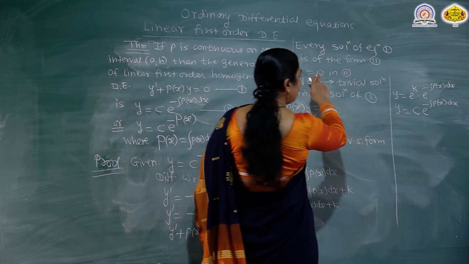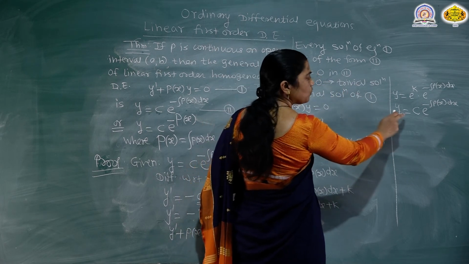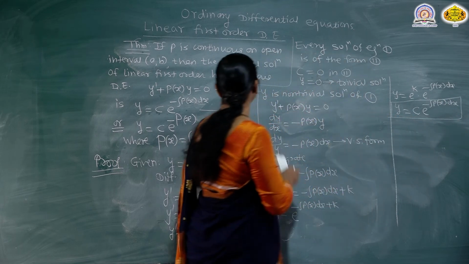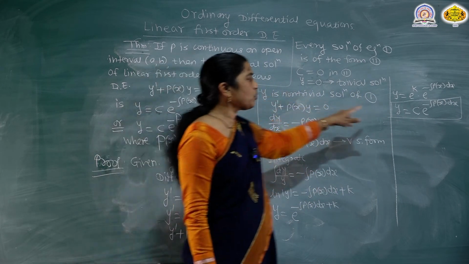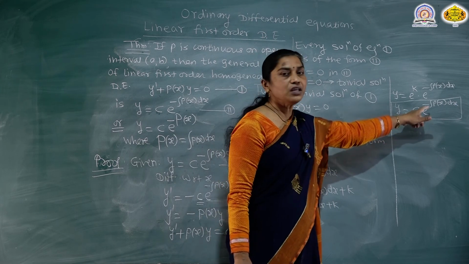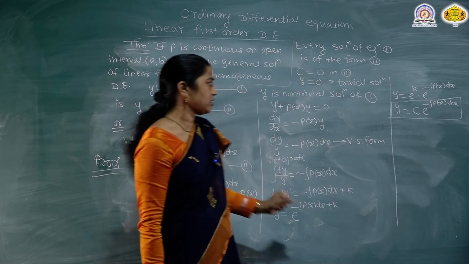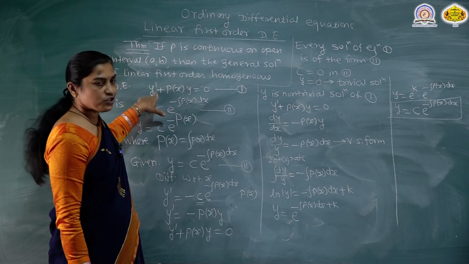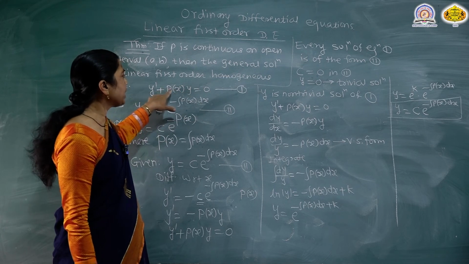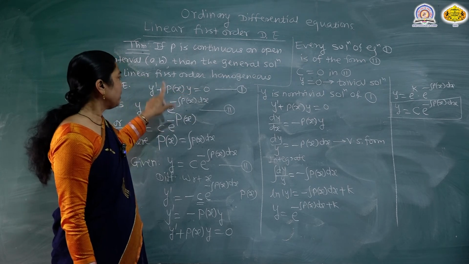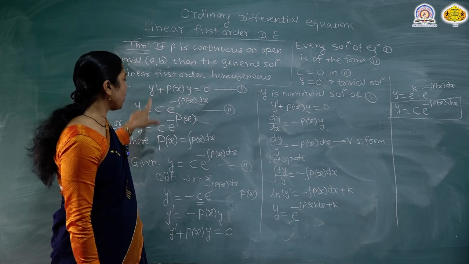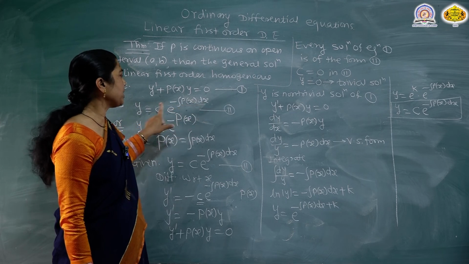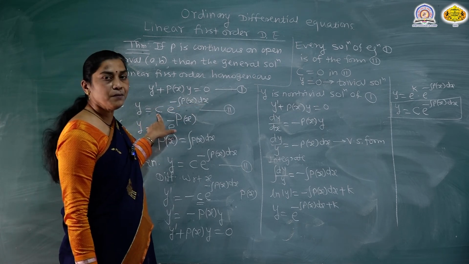As setting c is equal to 0, we get trivial solution, and this is non-trivial solution. Every solution of this differential equation 1 is always of the form y is equal to c e raised to minus integral px dx. So we have shown that given differential equation which is homogeneous, y dash plus pxy is equal to 0, then solution of this equation is always y is equal to c e raised to minus integral px dx, where c is arbitrary constant.